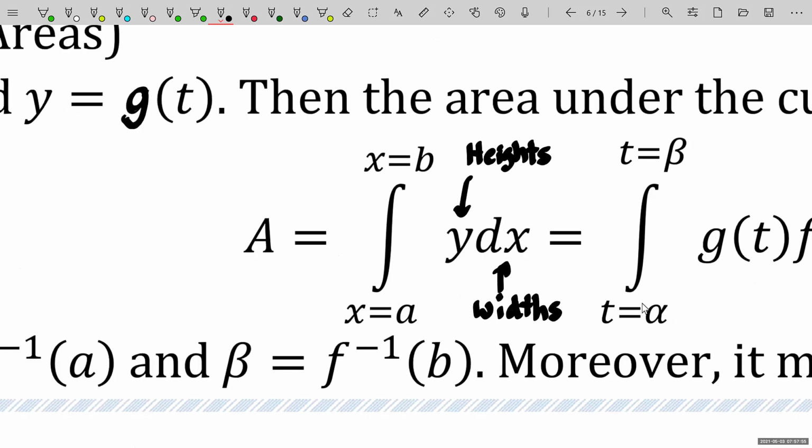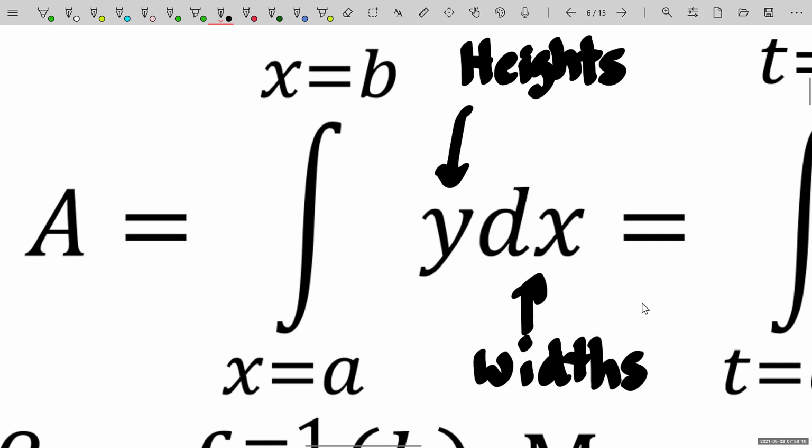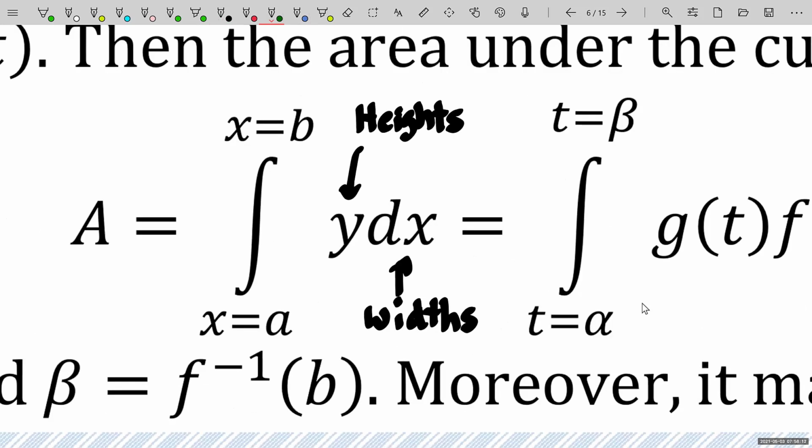So this is a great way, if you ever forget how to find the area underneath the parametric curve, you should never forget this. And if you know y is some function of t, well, let me go ahead and color code this. If y is g of t, then that's what you'd replace y with.